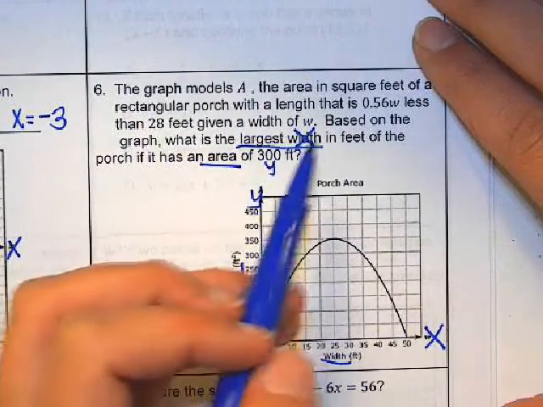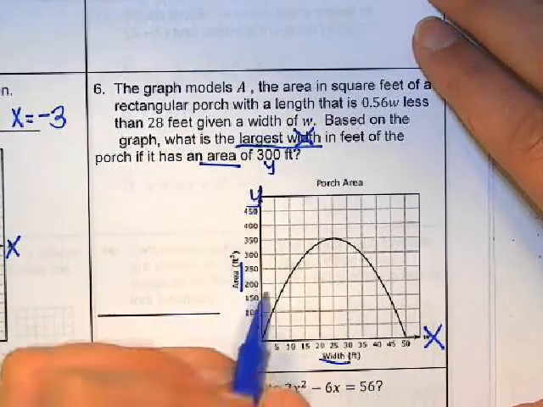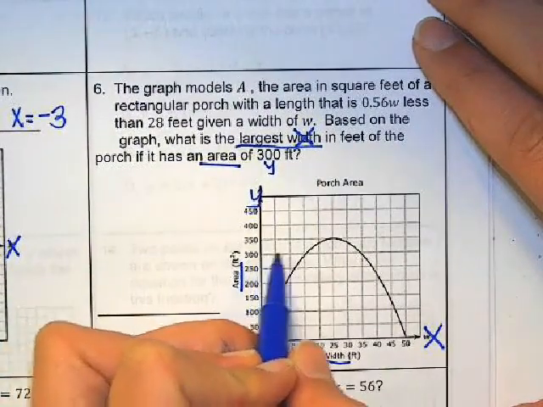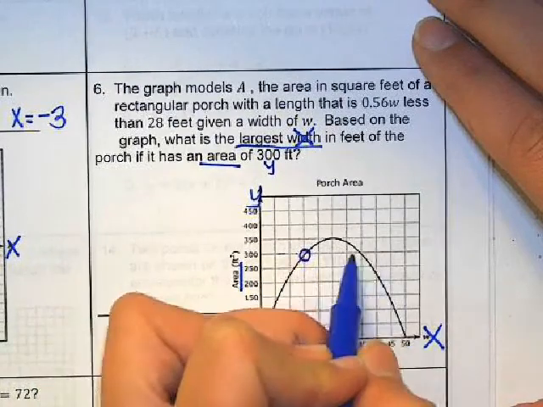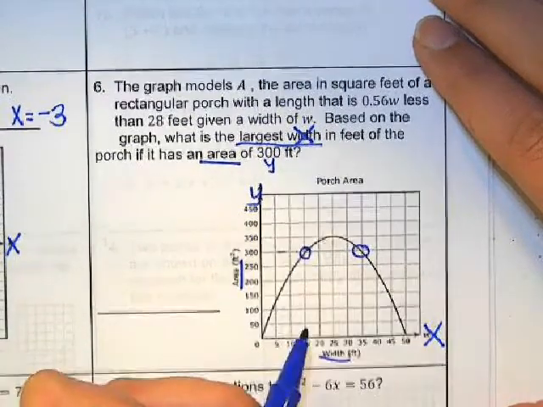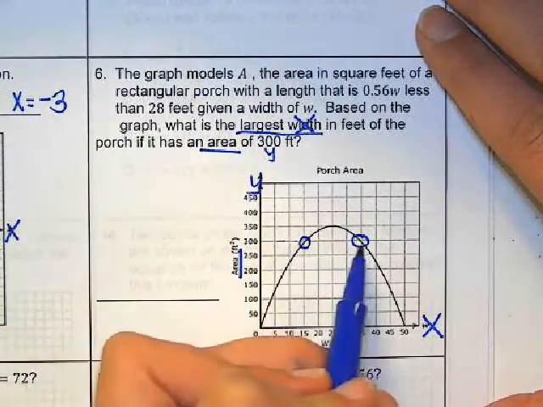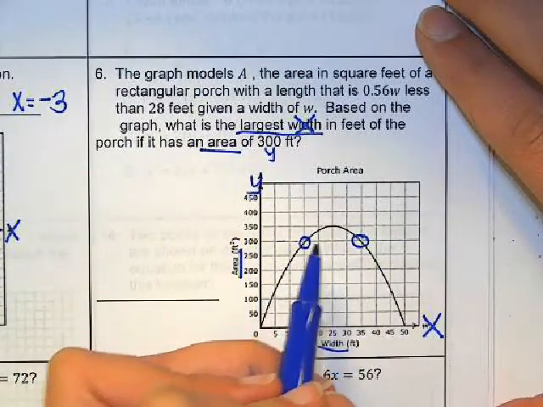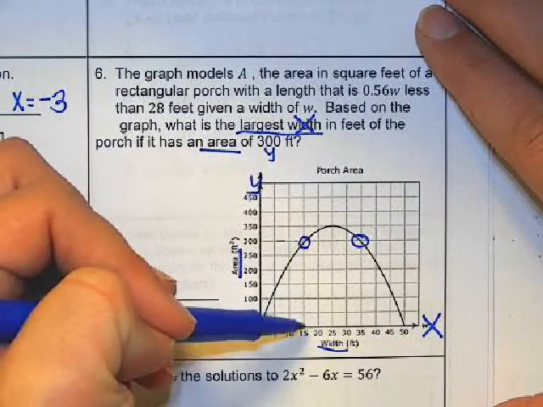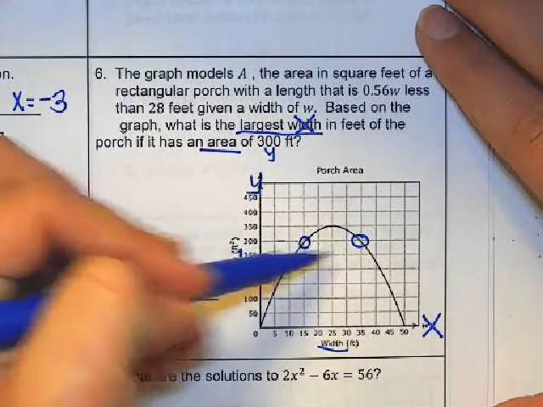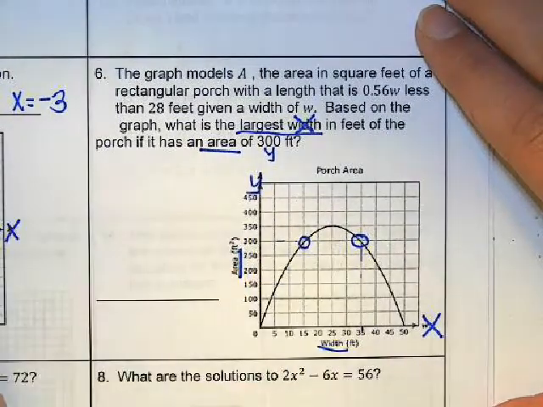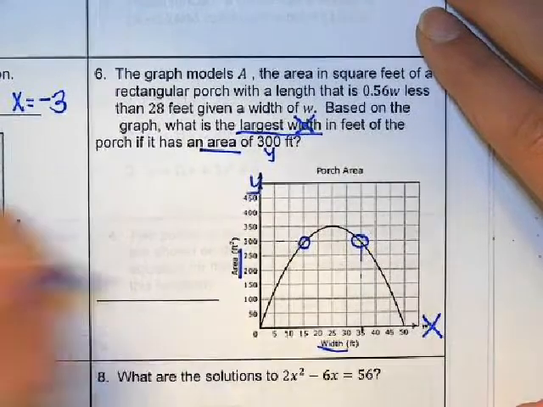So I want to know my largest x when y is 300. Well, here's 300. Here's my first dot and my second dot, where it crosses the 300. So what is my largest x? Well, my first x is 15. And my second x is 35. Which one's larger? 35.